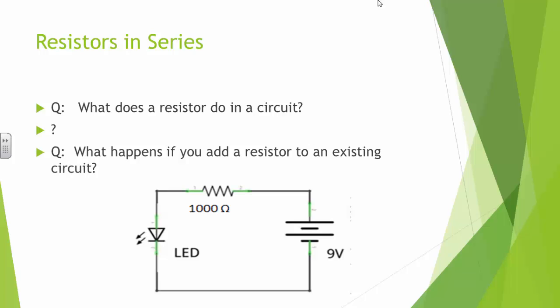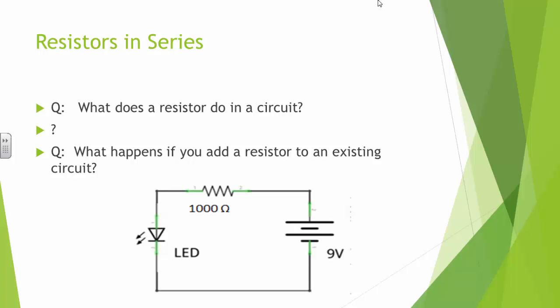Hopefully, you answered a resistor either removes energy from an electron, which is true, or you said, and maybe more likely, a resistor slows down the current in a circuit. And it's that second piece of information we're going to use a lot today. So a resistor slows down the current in a circuit.